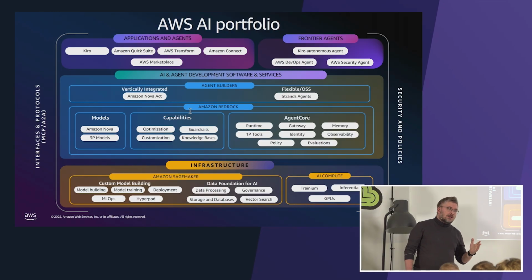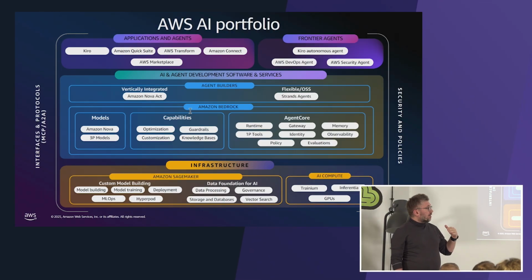In summer, it became generally available, I think in September or October. It's called AgentCore. I will tell you about it a little more, especially since some new announcements were related to that. And then there is the top layer, with ready applications or ready agents that you can just use.